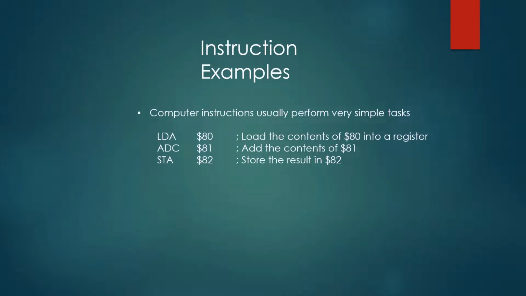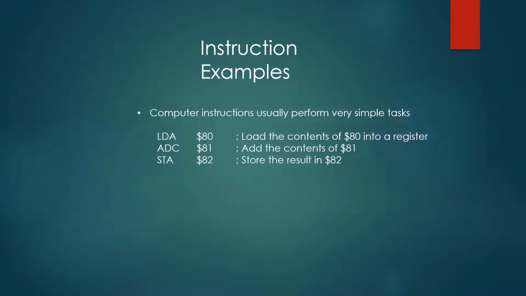Computer instructions perform very simple operations, like loading a number into a register or adding the number to the value in a register. In the following example code, the following operations take place. The LDA instruction loads the contents of memory location $80 into the accumulator, or A, register.